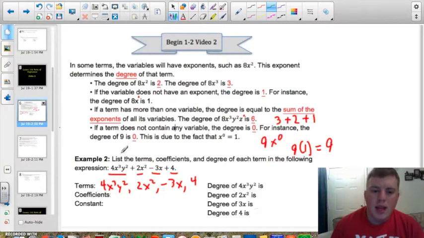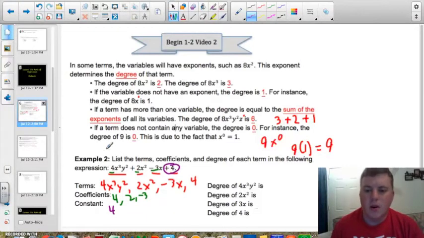If we look next at the coefficients, these are the numbers that are attached to variables. We have a 4, a 2, and a negative 3. Then finally, we're asked for the constant, the number that's all by itself, so that is going to be 4.